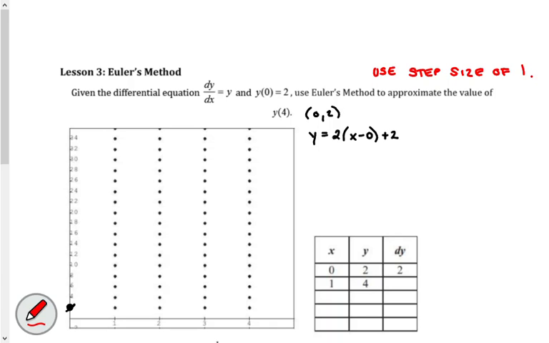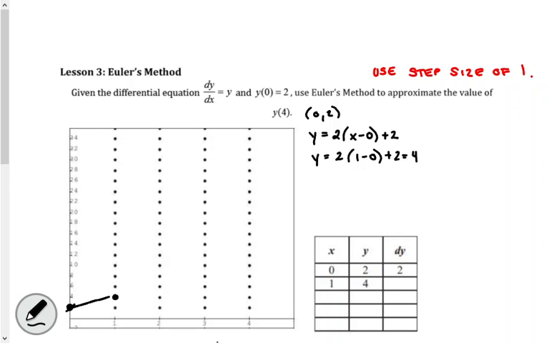So now y will equal 2 times (1 minus 0) plus 2, which is 4. Are you with me there? Yeah? Okay, so then he was like, cool, I'm going to go to (1, 4) now.